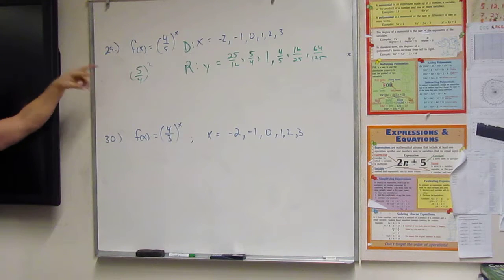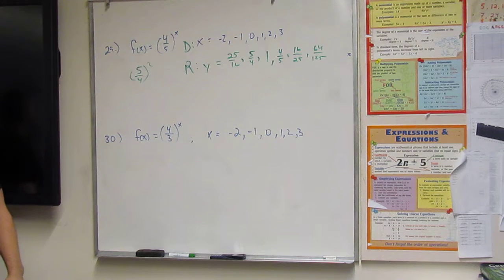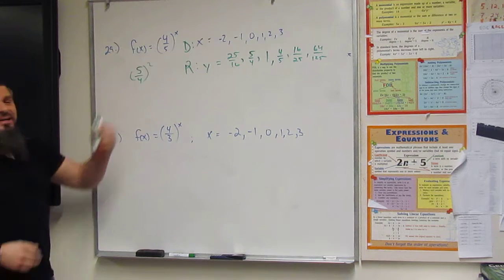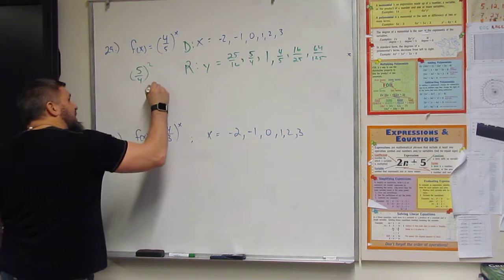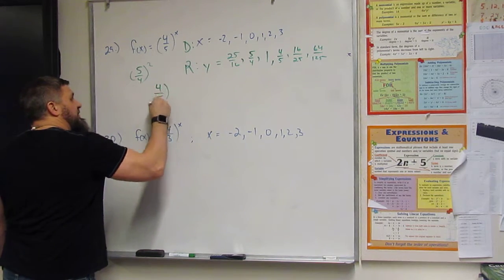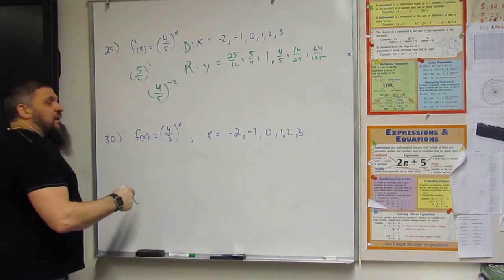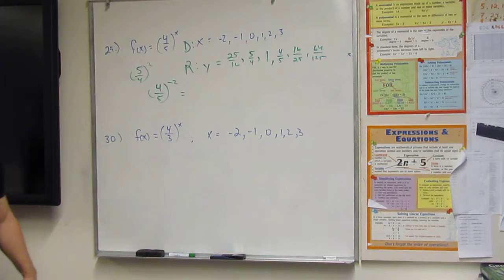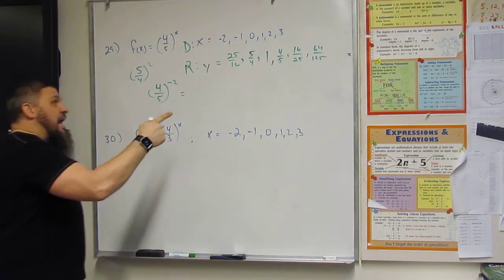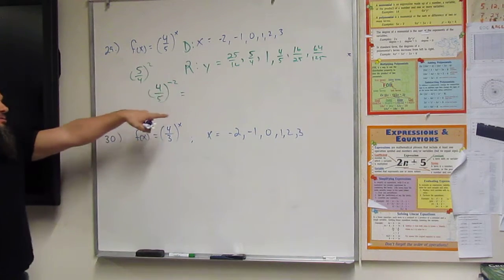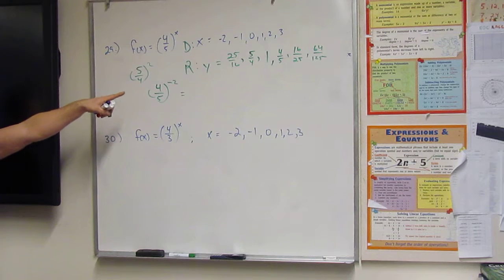And I need you guys to learn that because when we get that test back, I guarantee you they're going to give you some negative exponents. And it's going to be simple, man. I'm telling you. They're going to say, what is 4/5 to the -2? And you've got to come up with A, B, C, or D, right? And they're going to have A be 25 16ths and B be 16 25ths.